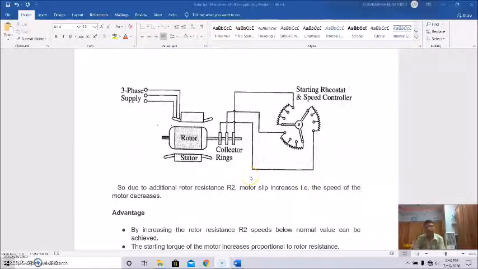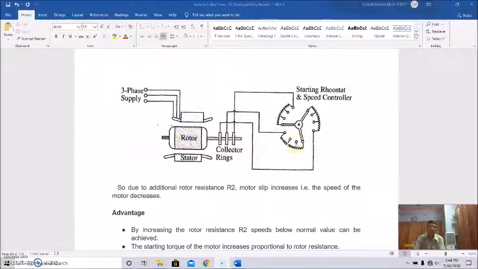This is the arrangement of the rotor resistance control speed control method. This is the induction motor. This is the stator winding, where the 3-phase supply is given, and these are the slip rings, from where the starting rheostat and speed control resistance are connected to the rotor circuit.